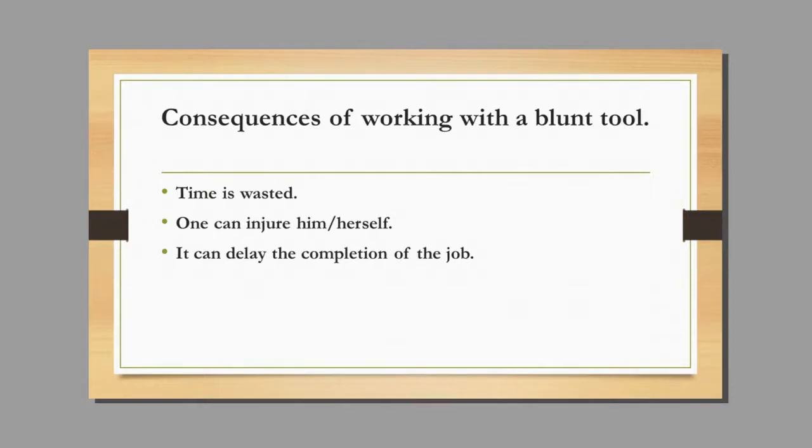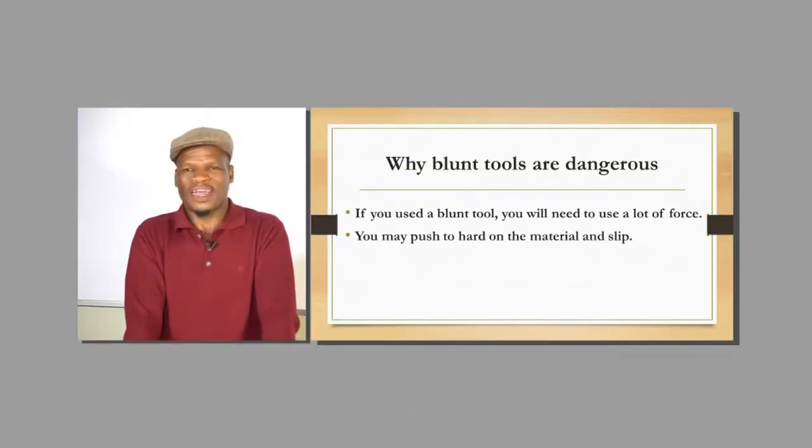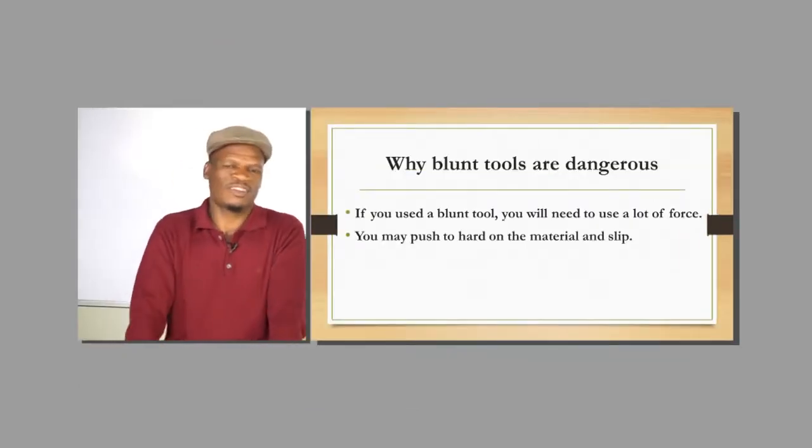And if you are using that, you can injure yourself very easily, because somehow you will definitely have to force yourself to be able to operate that kind of tool. And it can also delay the completion of the task. That means even the part of the job that needs to be done, the production is going to be very, very low. People might be surprised, why are we saying the blunt tools are dangerous compared to the sharp tools?